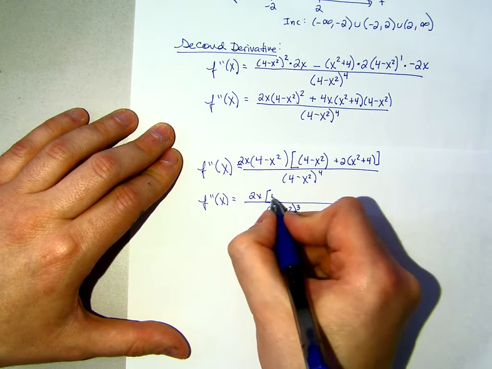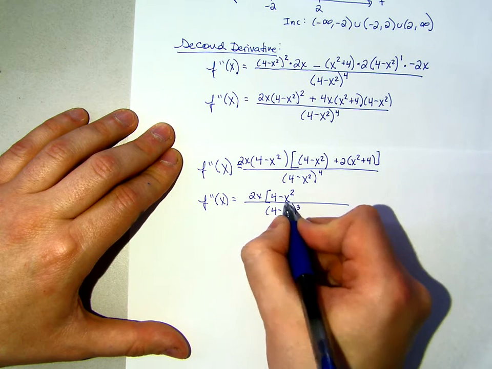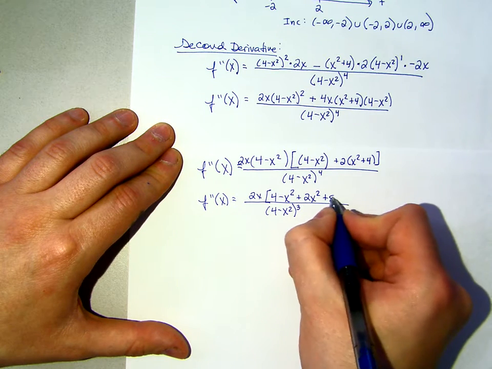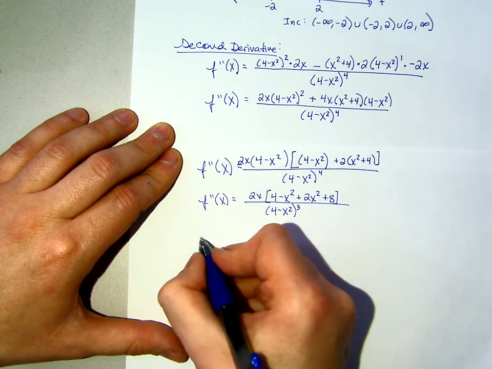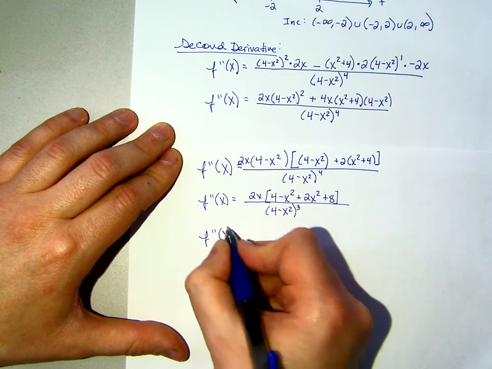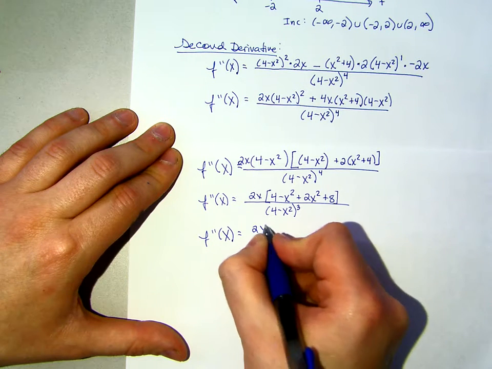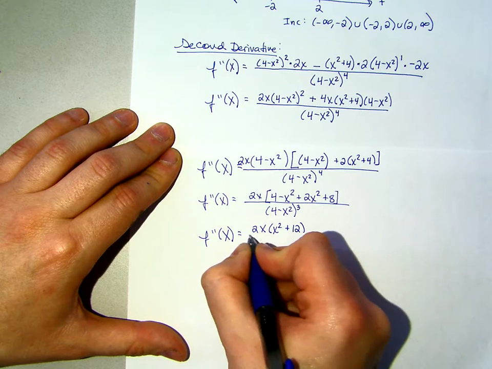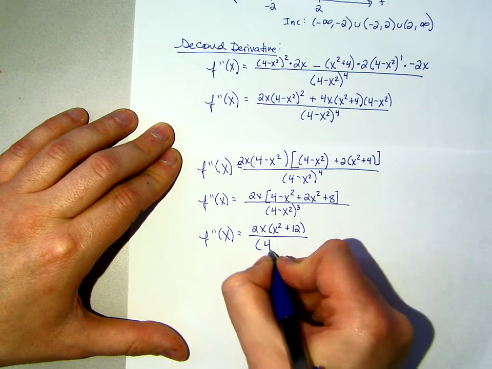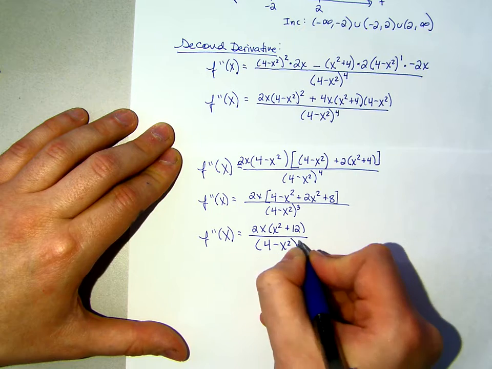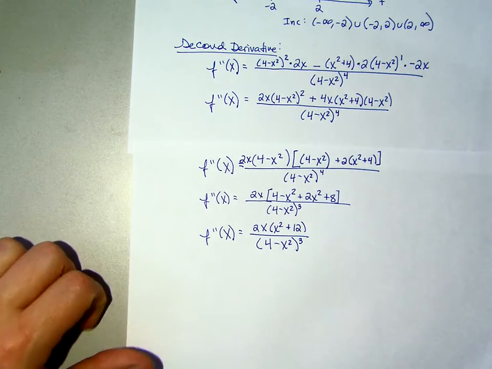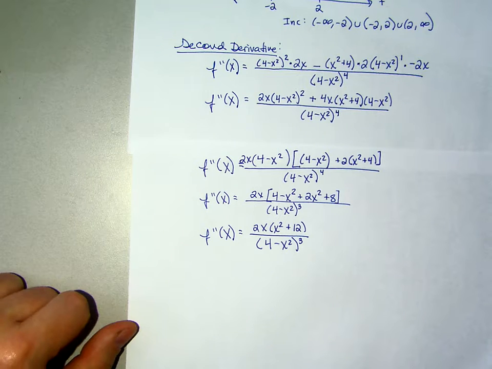And then I am going to go distribute and deal with things. 4 minus x squared plus 2x squared plus 8. And we should be able to get a second derivative that looks like that mess.